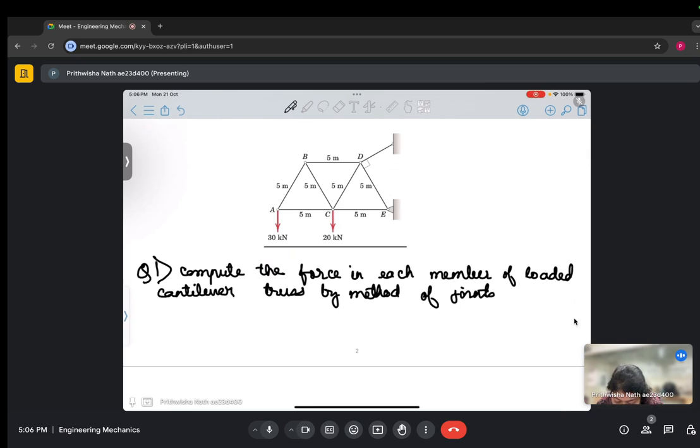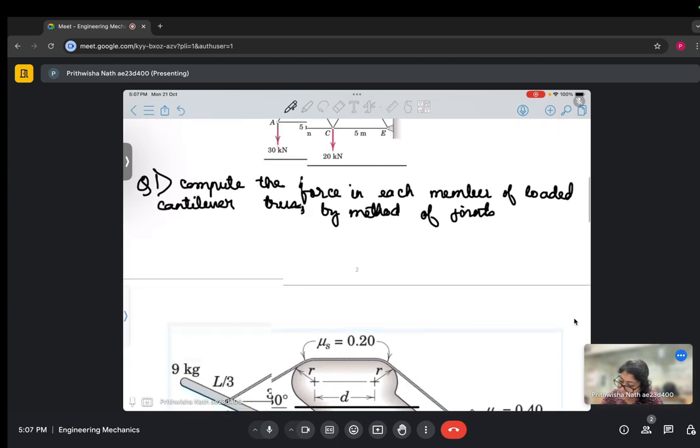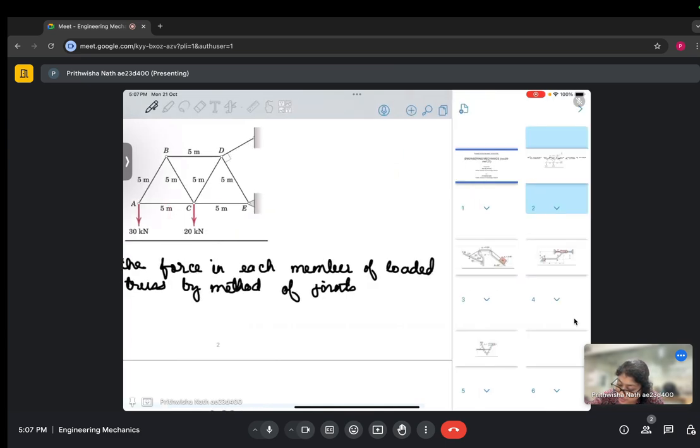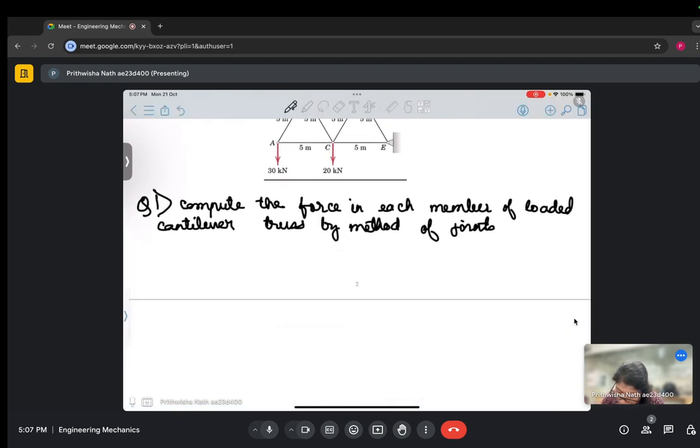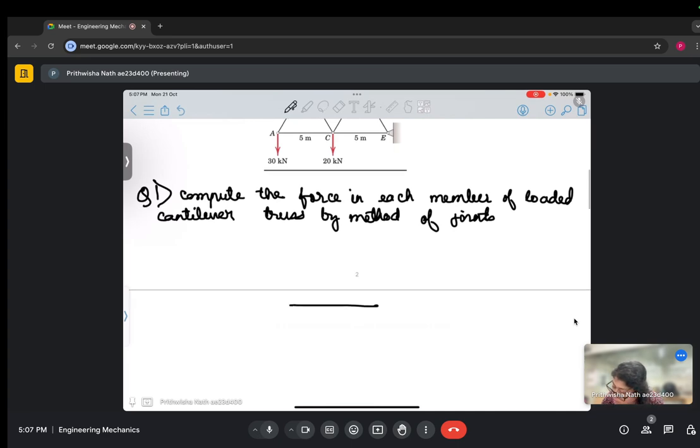So first, we need to compute the external forces at D and E from the free body diagram of the truss. First I'll draw the free body diagram.